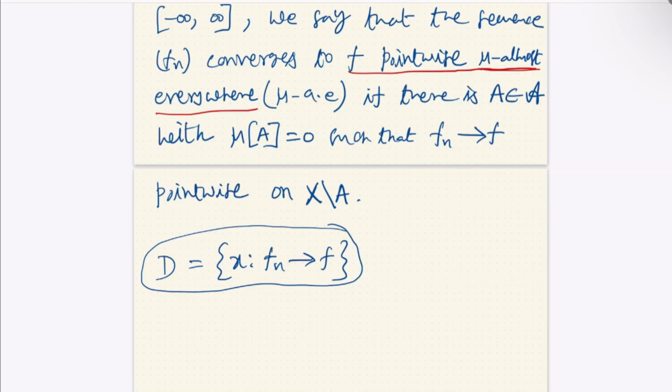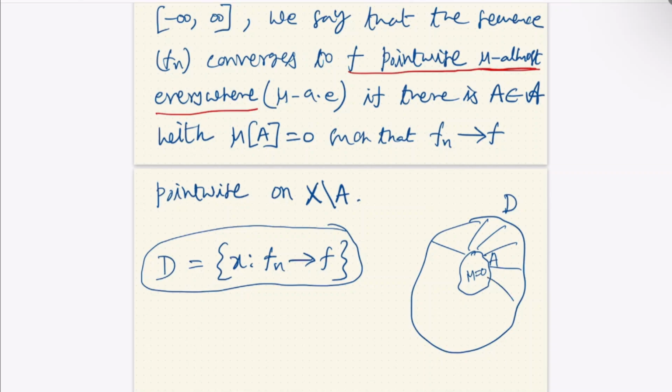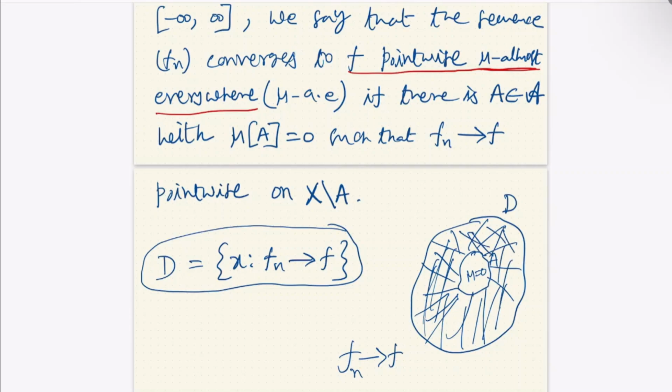If there is a set of measure 0 sitting inside our domain D, but there is no problem outside of it, then we say Fn is converging to F on this domain. It is not everything, since it has its own measure 0 part, but still we say it is almost everywhere convergent pointwise on this particular region.